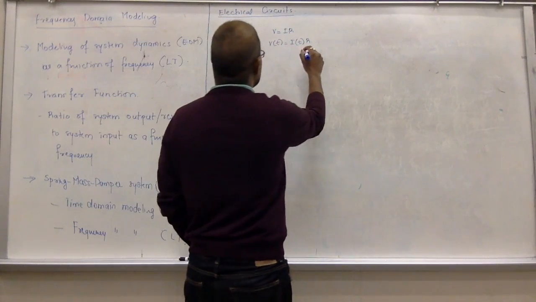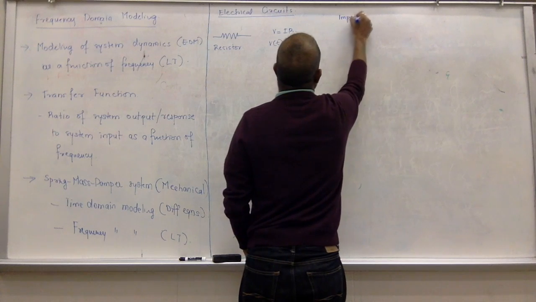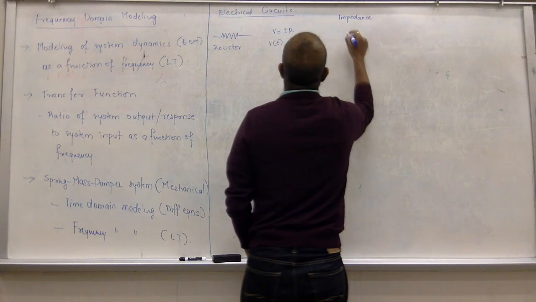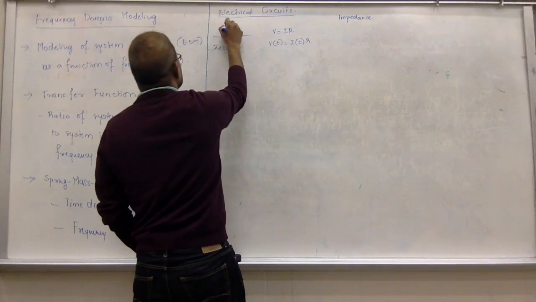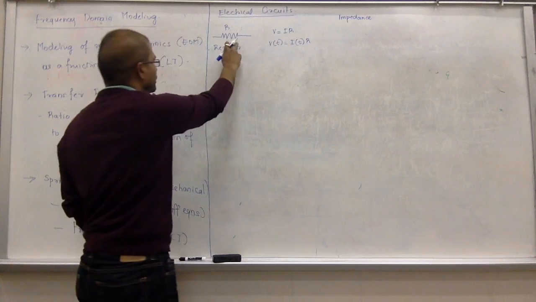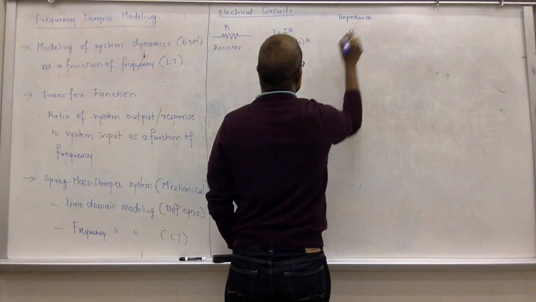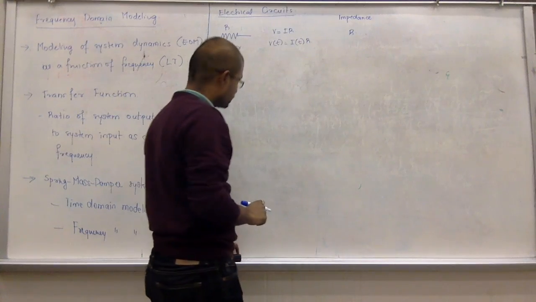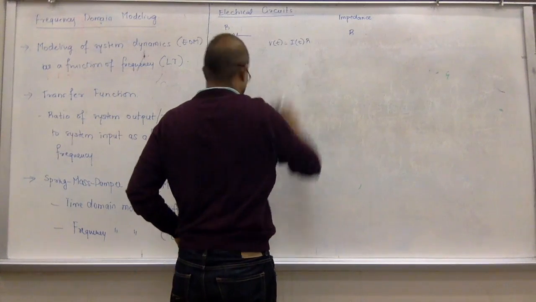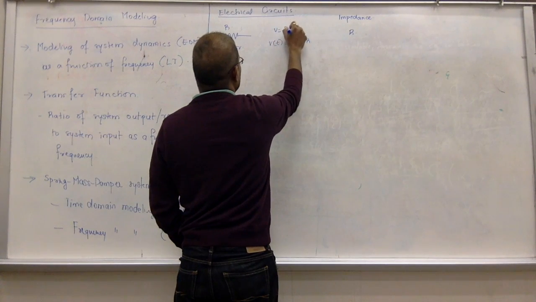From this, we'll introduce the term impedance. The resistance of this resistor is R. The impedance will simply be R. Here you want to express, let's use the small v and small i. v is equal to Ri.